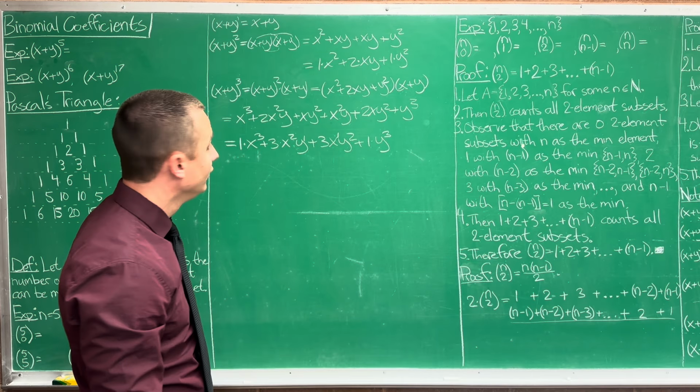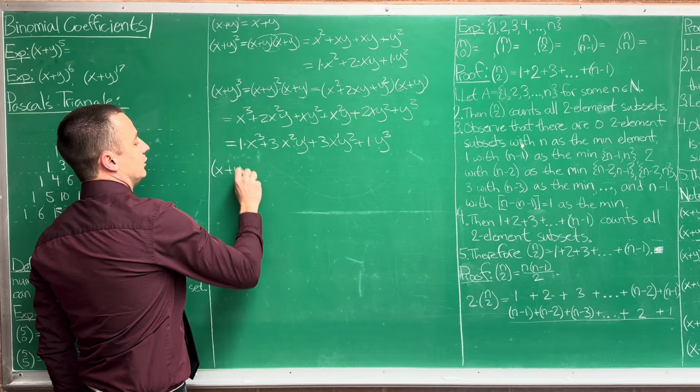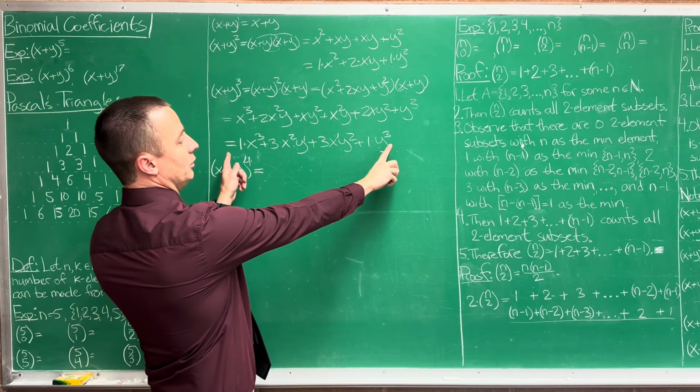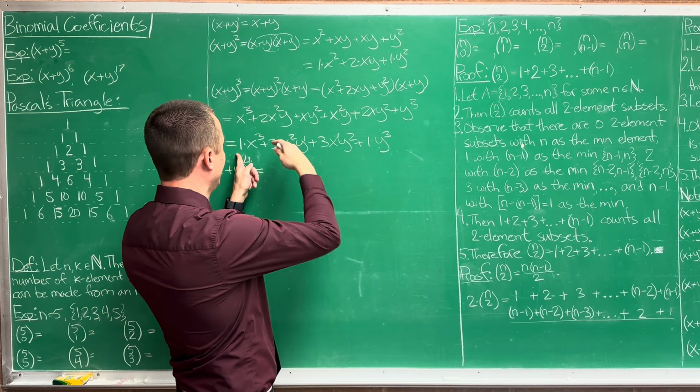You with me? And now, if we take this and we were to now look at x plus y to the 4th, what would I have to do? I'd have to take this whole thing and once again multiply it by x's and y's, and then collect like terms.